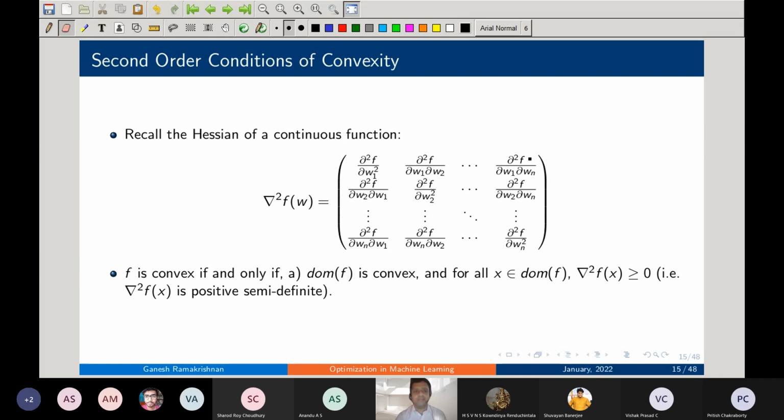But let's take an example. We will take some more examples going beyond those. If I take the log sum exp, how do you prove that it is convex? Well, we did it by first principles. Can we use a Hessian to prove that log sum exp is convex?